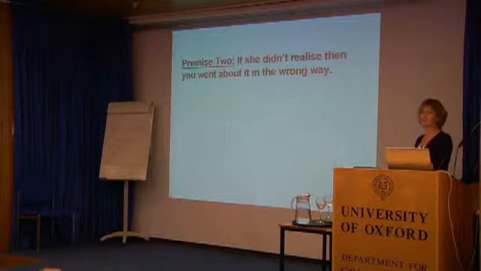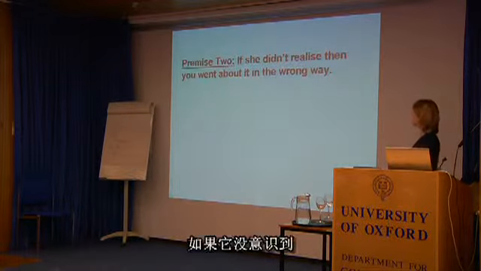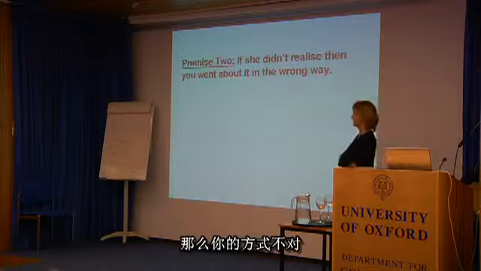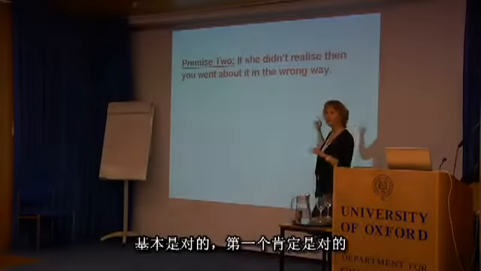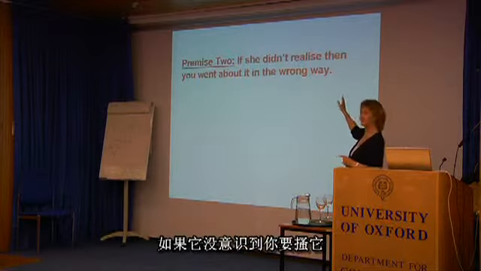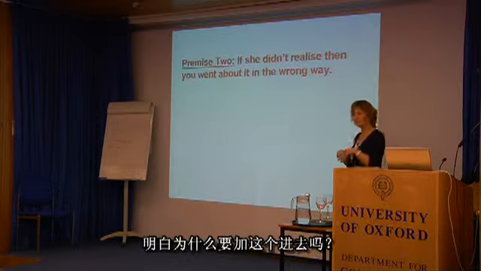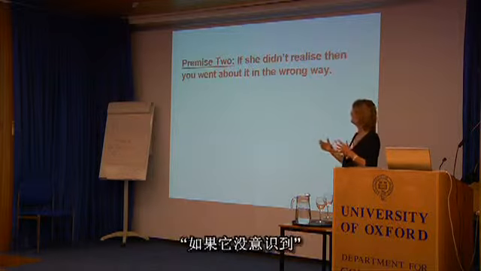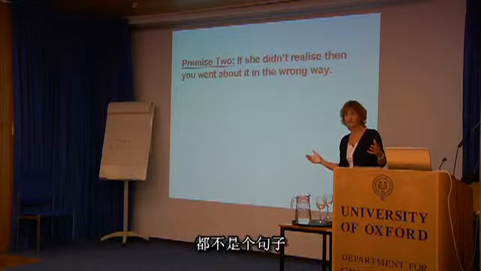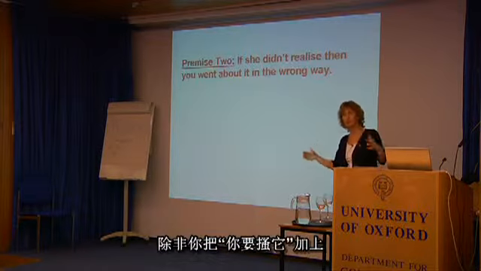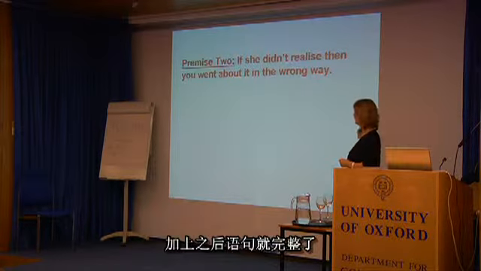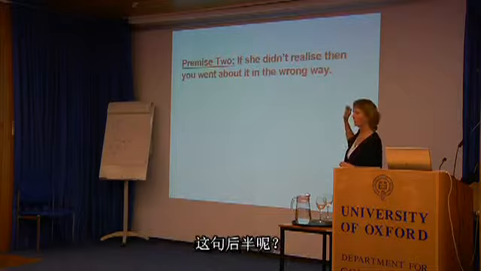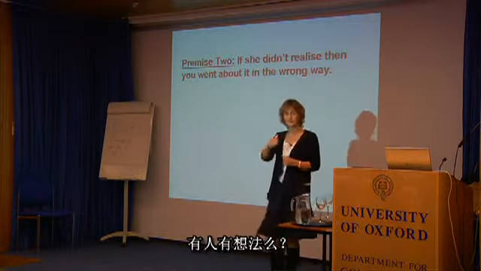What about premise 2? If she didn't realise, then you went about it in the wrong way. Very nearly right. The first bit was certainly right: if she didn't realise you were going to tickle her. Do you see you need to add this in? Because otherwise, "if she didn't realise" isn't actually a sentence, is it? Until you add "you were going to tickle her." So you complete that sentence by adding that in. What about the second half? Anyone have any ideas here?